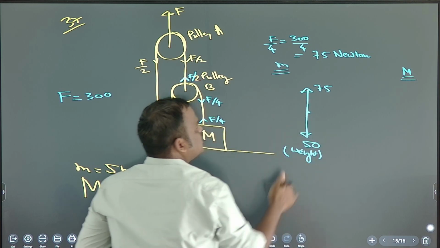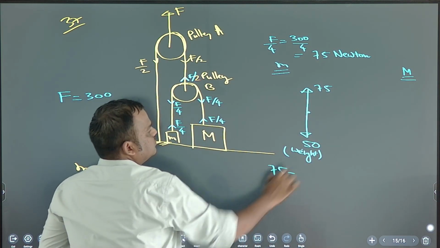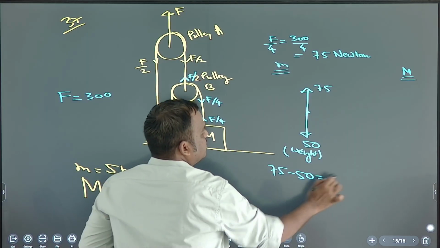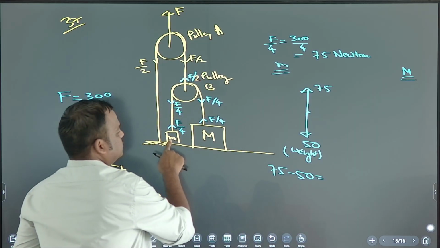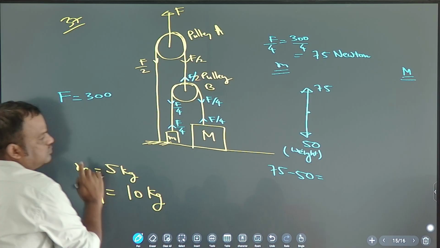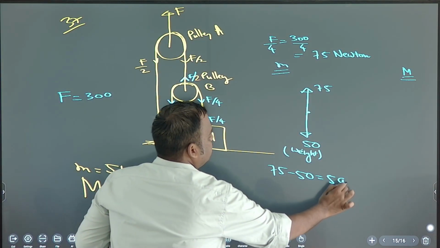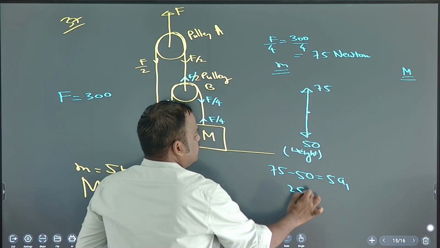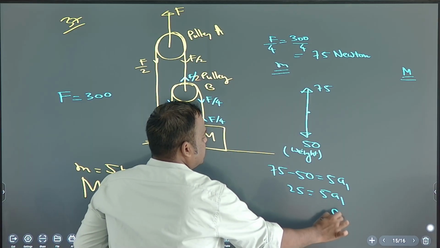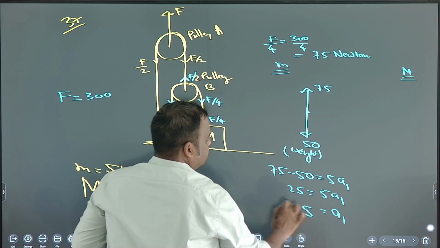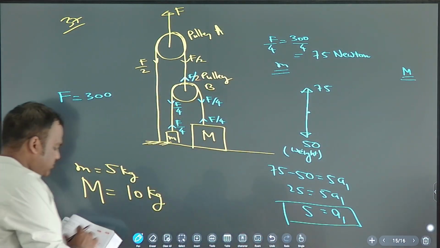What is the difference? 75 minus 50 is equal to m a1, which is 5 a1. 25 is 5 a1, so a1 is 5. Note down 5.